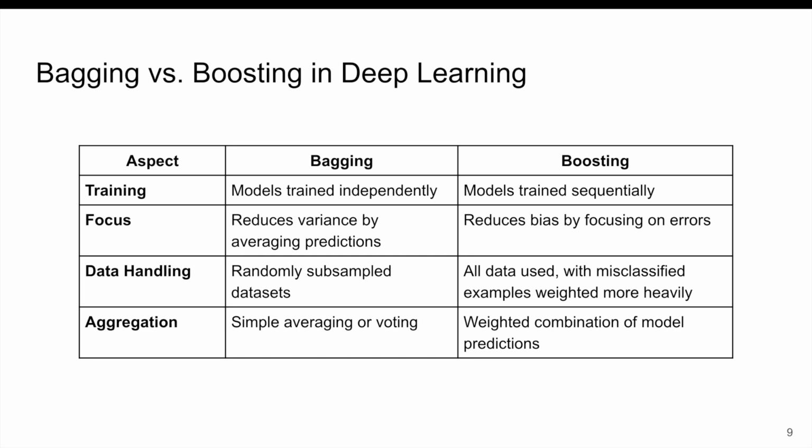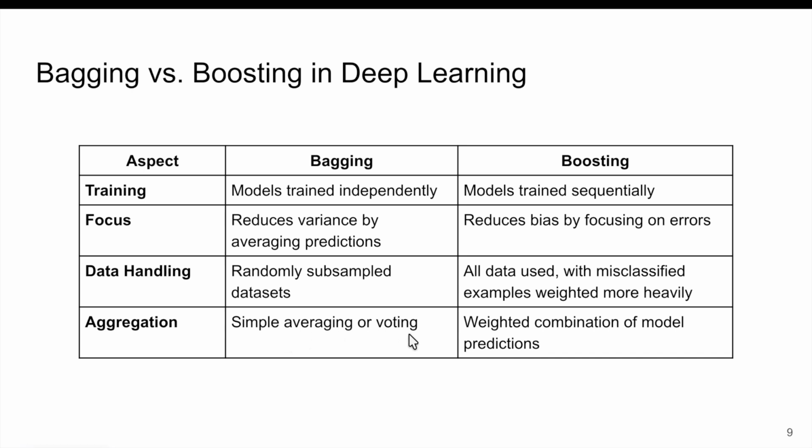If we look at the differences between bagging and boosting, these are the differences in training. The models are trained independently in bagging and sequentially in boosting. Bagging focuses on reducing variance, and boosting reduces bias. For data handling, bagging uses randomly subsampled spaces, and boosting uses all the data.